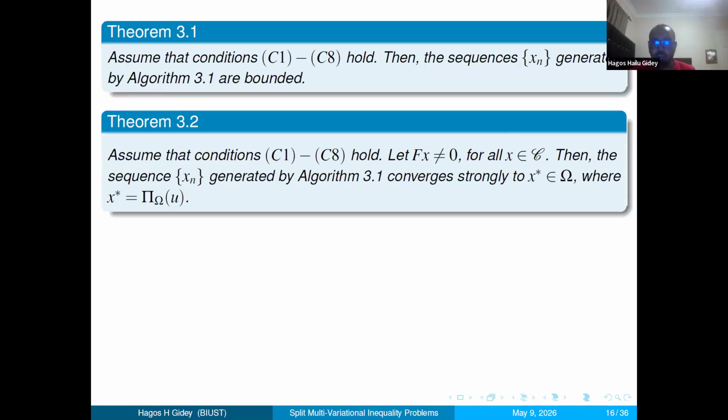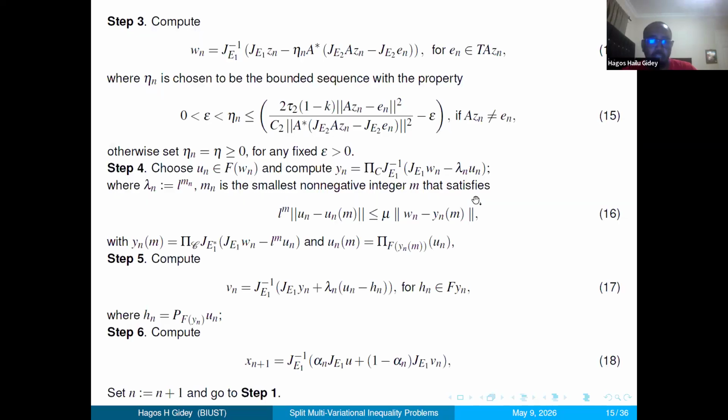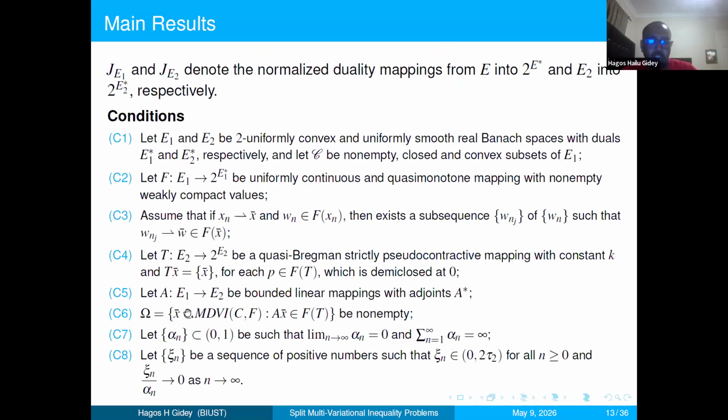If all conditions C1 to C8 are satisfied with non-zero values of f(x), then the sequence generated by algorithm 3.1 converges to x star, which is in Omega, meaning Omega is the solution set of the multi-valued dual variational inequality problem, and x star is an element of the fixed point set of T.